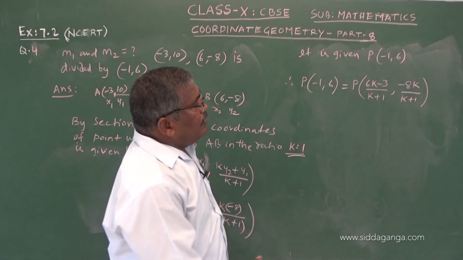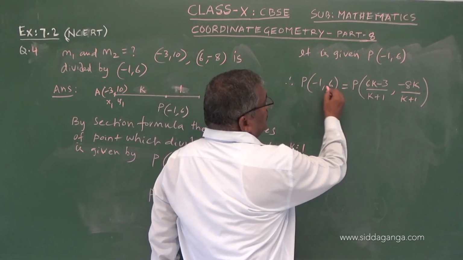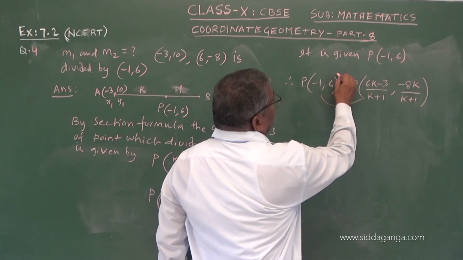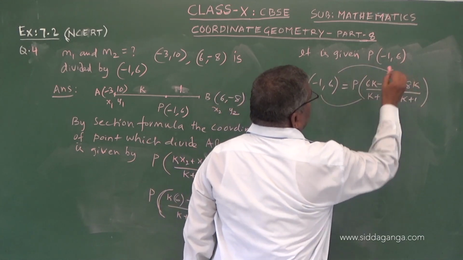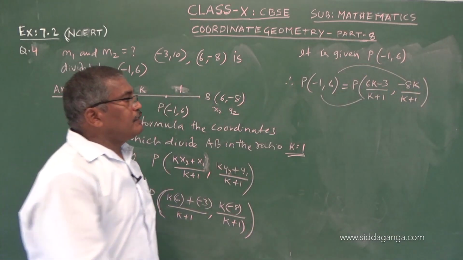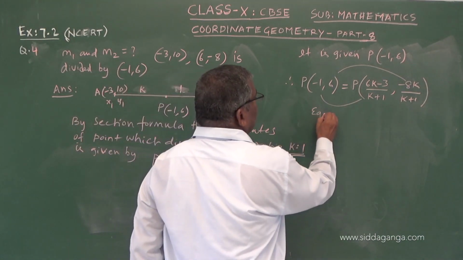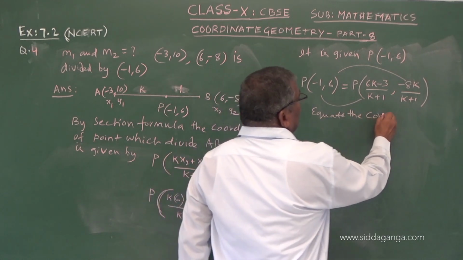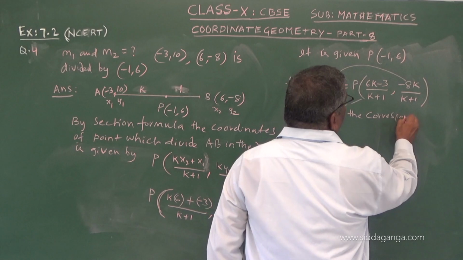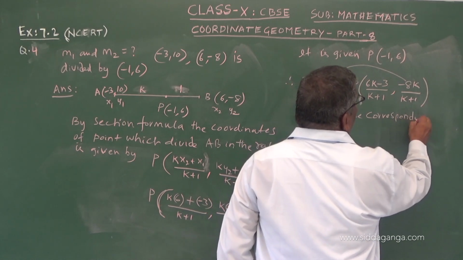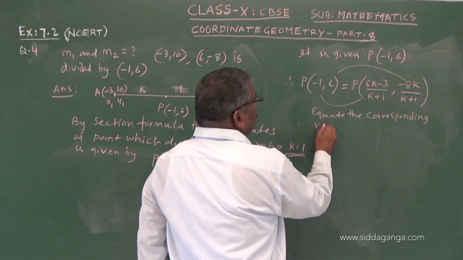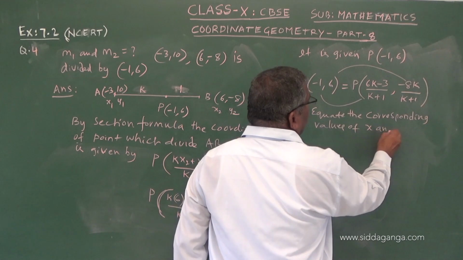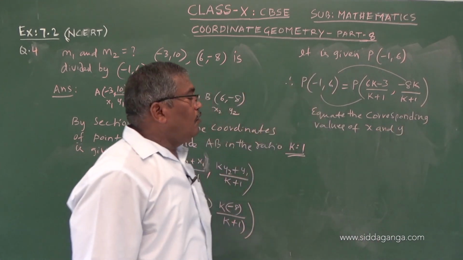So therefore, equate the corresponding coordinates. We have to equate -1 with this and 6 with this. Equate the corresponding values of x and y coordinates, of course.